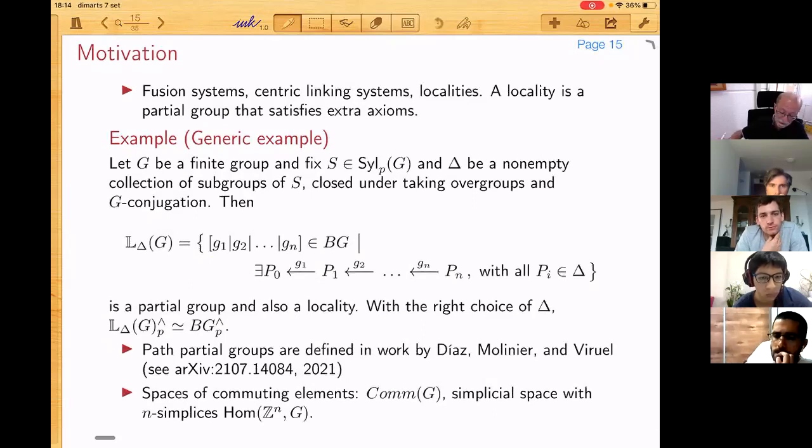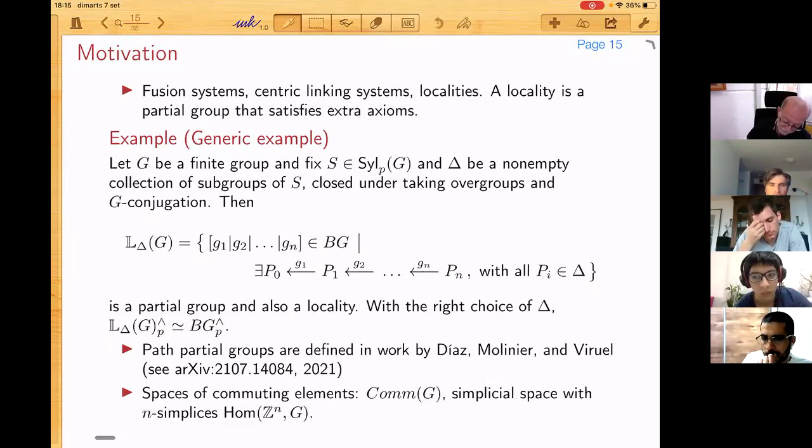Anyway, there are other examples of partial groups for which this theory might be of some interest. Antonio Díaz, Rémi Molinier, and Antonio Viruel have defined path partial groups, with which they are able to prove that every group can be obtained as the group of self-equivalences of a simplicial set, which is not at all obvious.